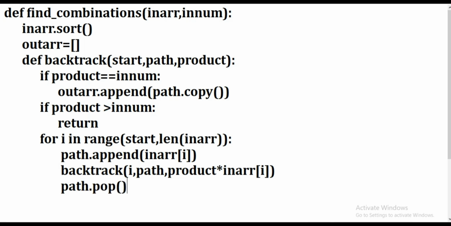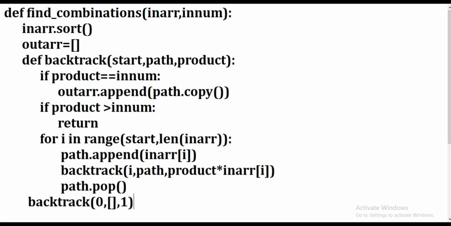This is the main purpose of backtracking. After path dot pop, we have to backtrack again. The initial call is backtrack of 0 as the start index, an empty path, and 1 as the product.